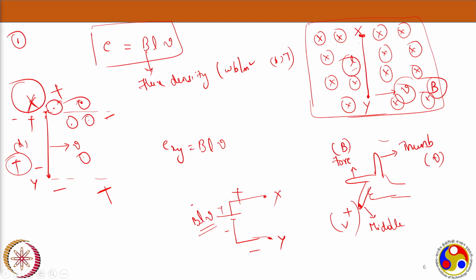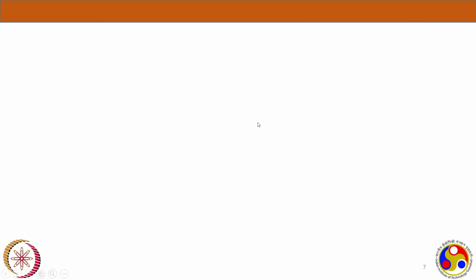Now, let's look into the next rule. The cases all remain the same, but here we are not generating a voltage; instead we will give a supply, and we will see what new law we can get from that.